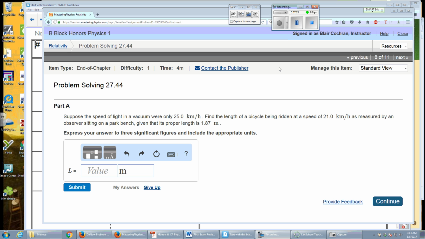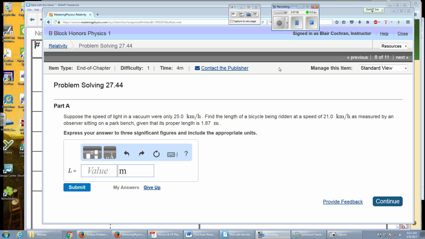So in number 8, this is exactly from the article that you read, the chapter from the book, I hope you read. We've got the speed of light being very slow, and a bicycle ridden at a speed close to that, with someone from an outside frame of reference observing it.